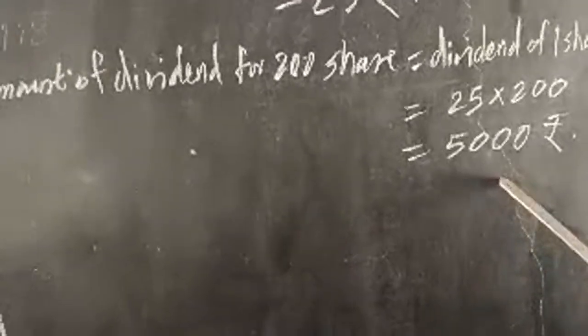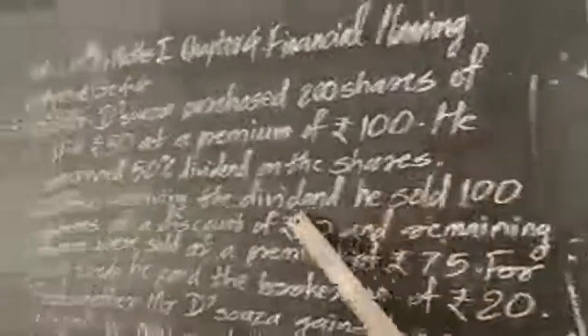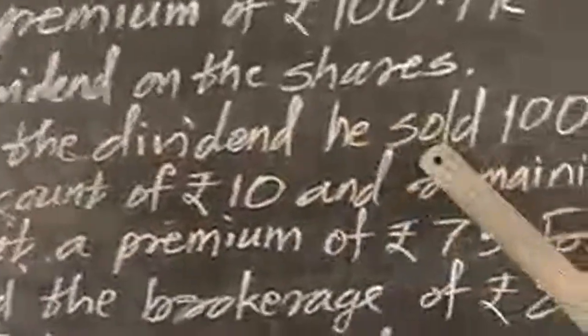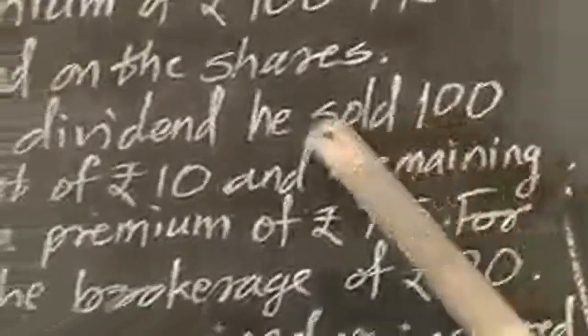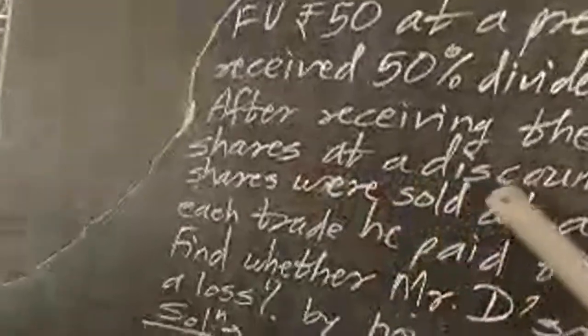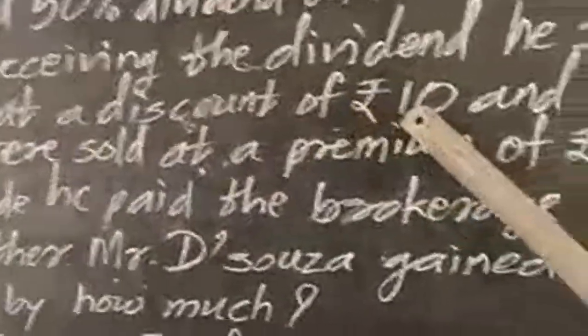After that, after receiving the dividend, he sold 100 shares at a discount of rupees 10.